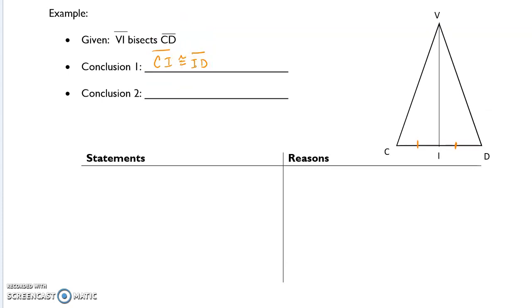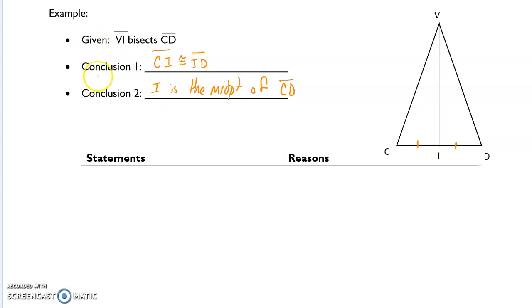But I can take that a step further. Now that I know that those are congruent and it's obvious that they are collinear, I can also state that I is the midpoint, and I can abbreviate that, of segment CD.